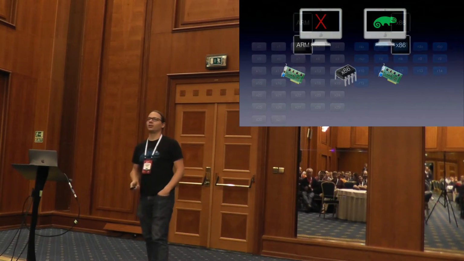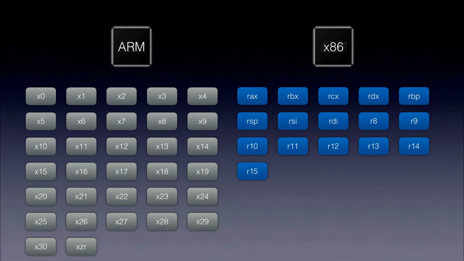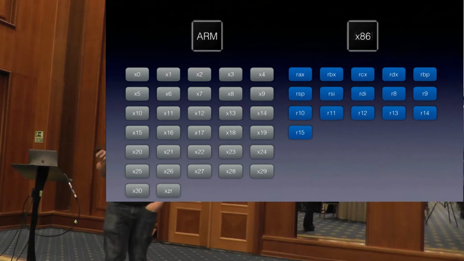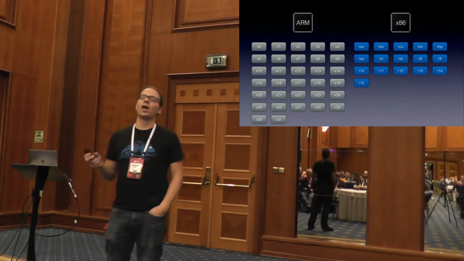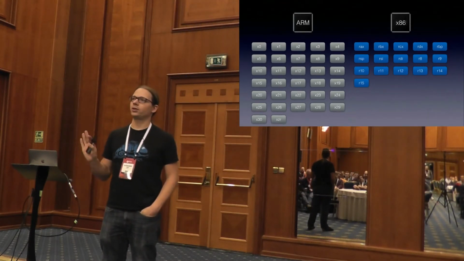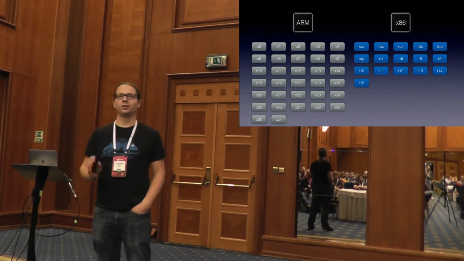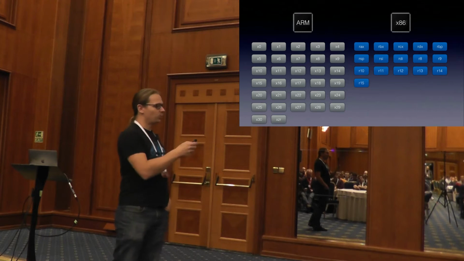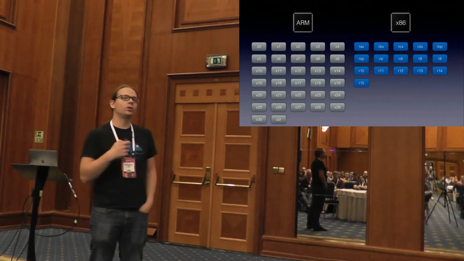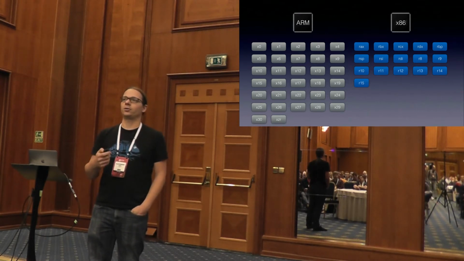So let's take a look at what the difference really is between ARM and x86. Every time I talk about ARM or x86 in this context, I only talk about the 64-bit variants. I don't talk about 32-bit ones because they're odd and different. One of the big differences between architectures is the register set.